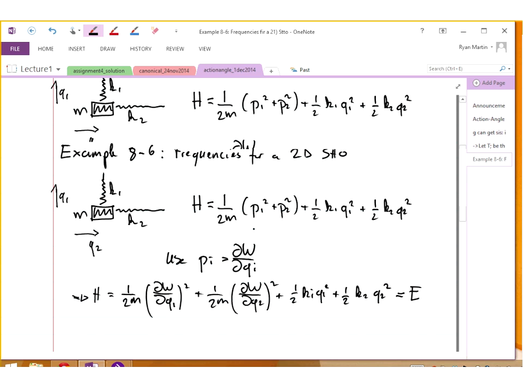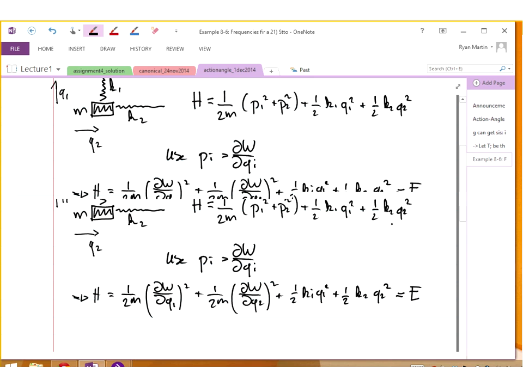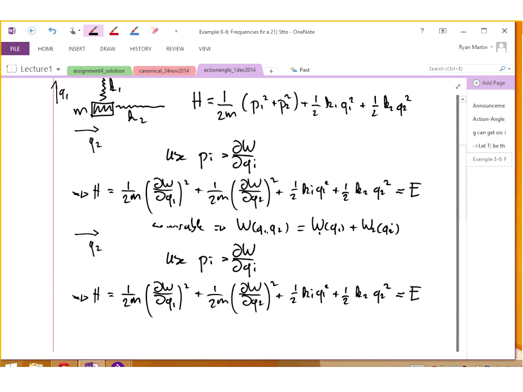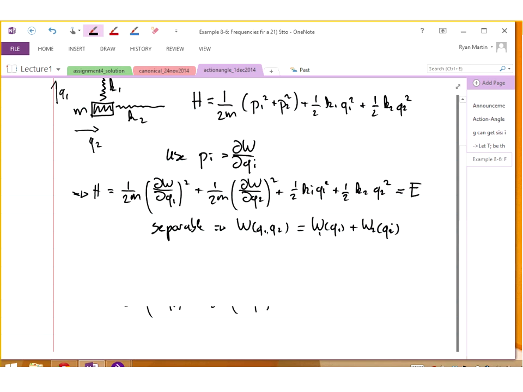Now, this is a case of separable motion. So it's separable. That means we can write the W, which depends on q1 and q2, as a separate function, W1 of q1 plus W2 of q2.